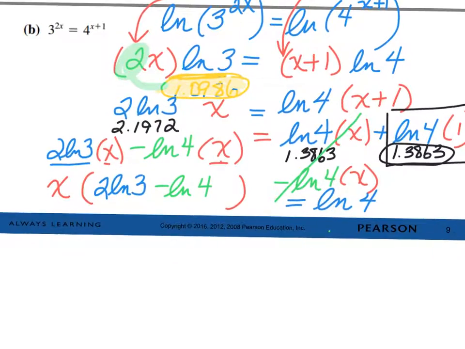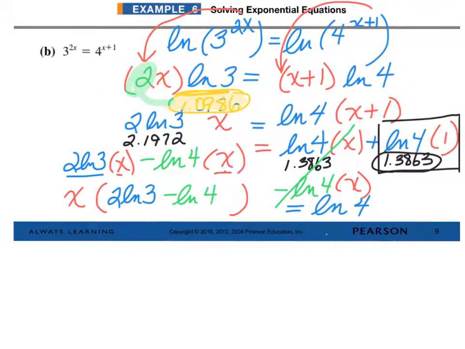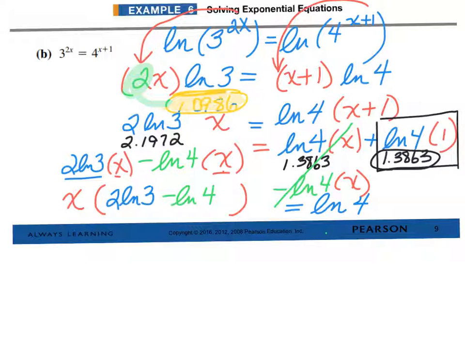So our final step is going to be to solve for x. And when we solve for x, since this is multiplied times x, we're going to divide both sides by that number.